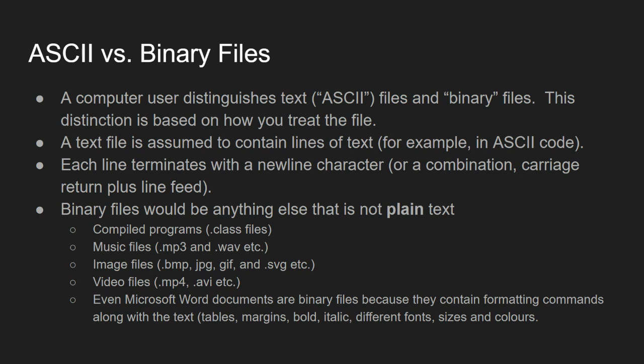Whereas another example of something that would be a binary file would be a compiled .class Java file. It's been compiled into bytecode. We can't read it as humans anymore. If you open it in Notepad, it would look like gibberish.